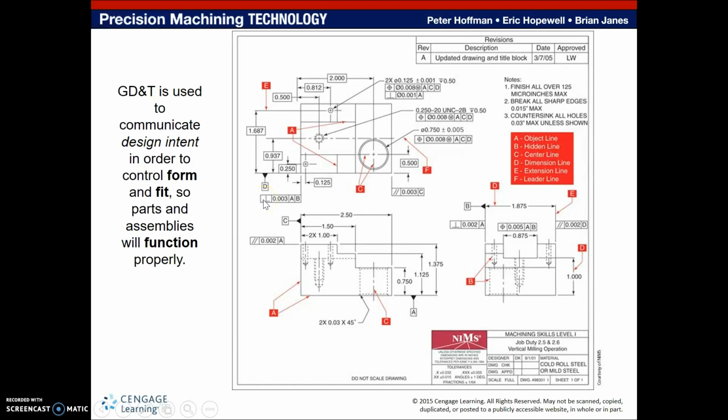And we can also be looking for perpendicularity and parallelism with axes, let's say the center of a bored out hole, or planes themselves. Let's say that this top plane needs to be perpendicular to this bottom plane, which, if you notice, has been named as datum A. So that parallelism must be there in order for this part to function properly.